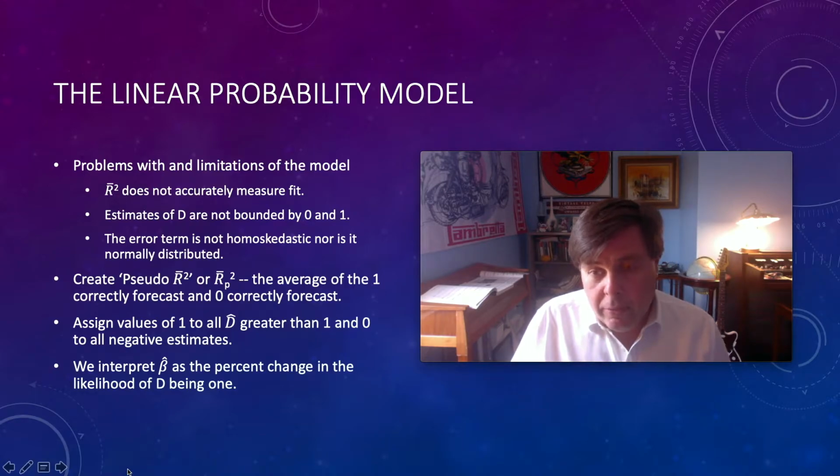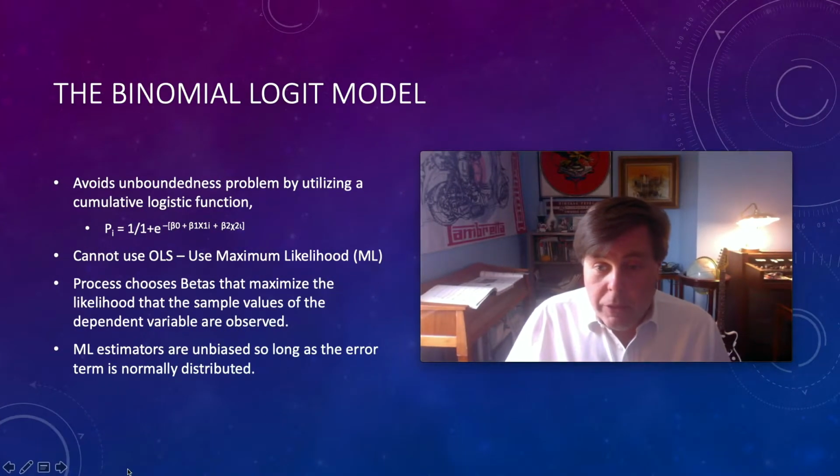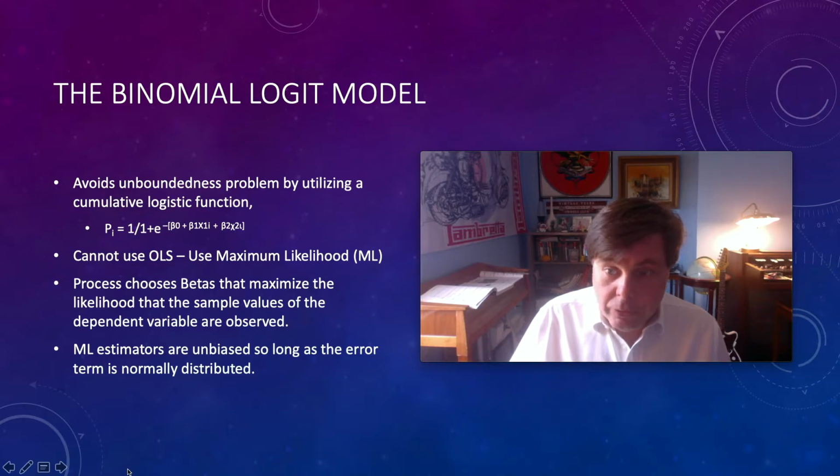Similarly, an estimated beta of, say, 0.21 would suggest that a 1 unit change in the explanatory variable x related to that is going to produce a 21% increased likelihood of D being 1 rather than 0. Okay, so the interpretation of this model is fairly straightforward.